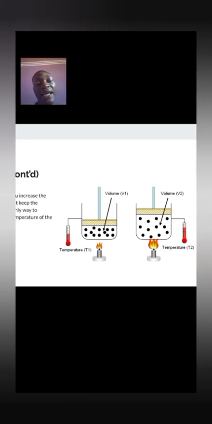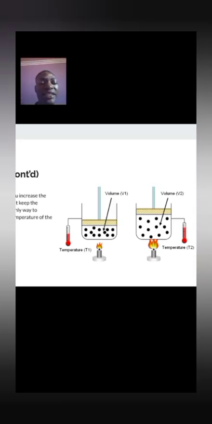Molecules have kinetic energy and they move at random and in constant motion. The higher the temperature of any material, the higher the kinetic energy of its molecules.